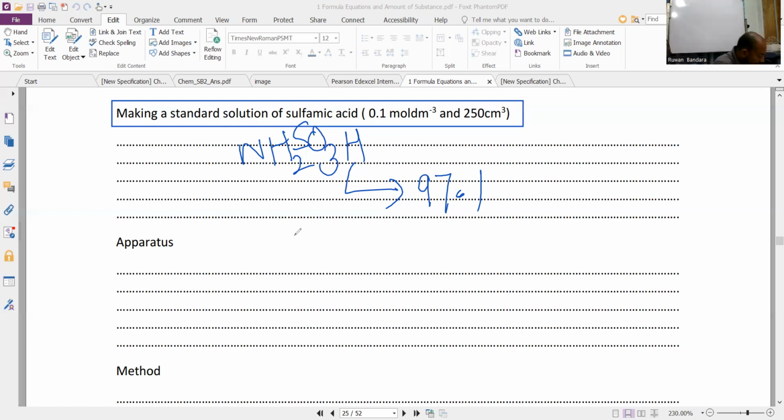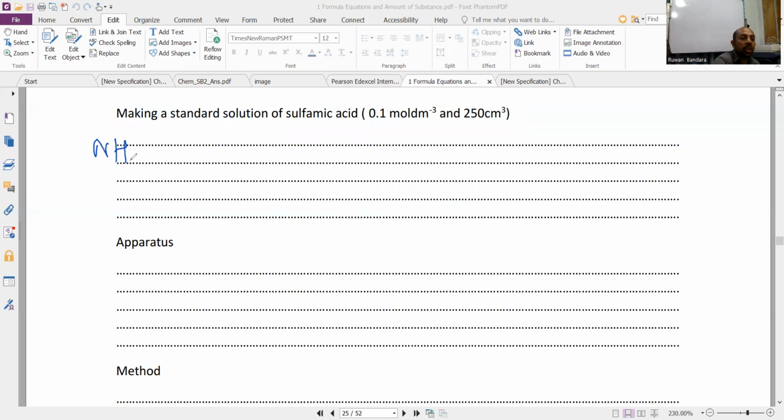Alright. Now, before moving, can you calculate the amount of sulfamic acid needed to make this solution? 97.9. Alright. That is the Mr, no?